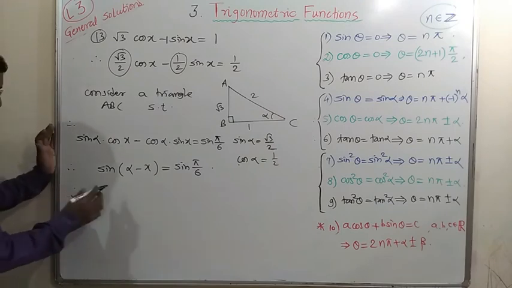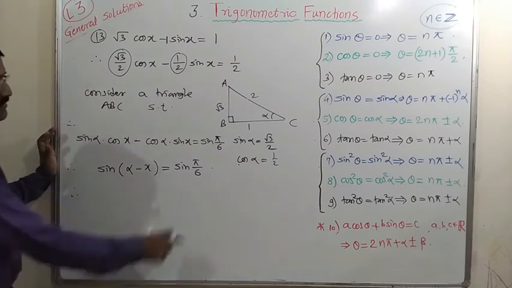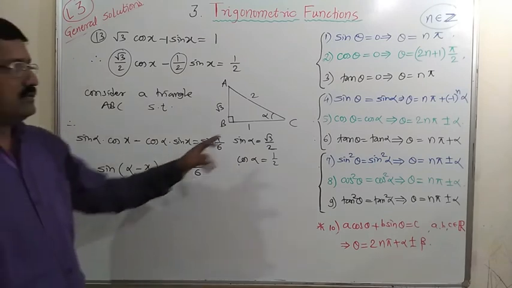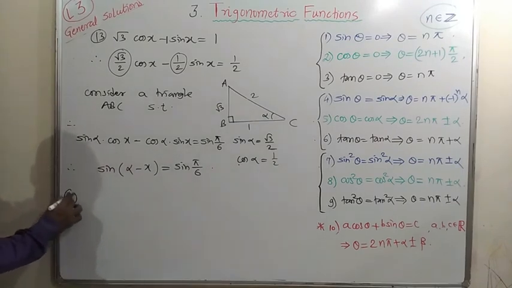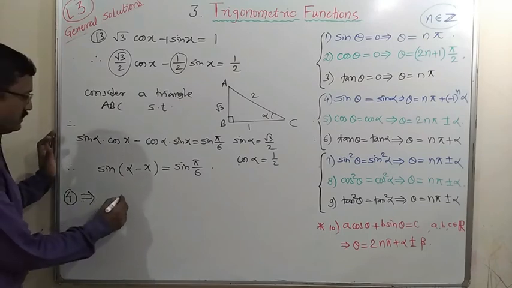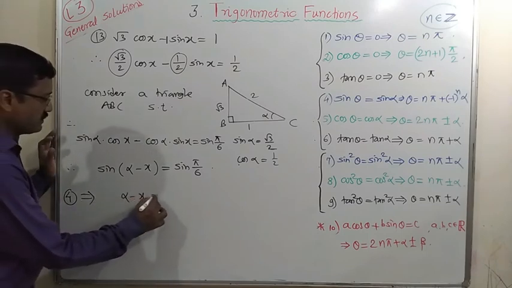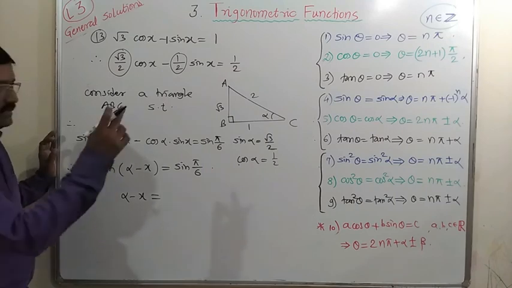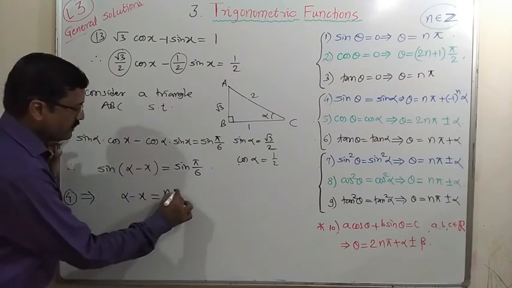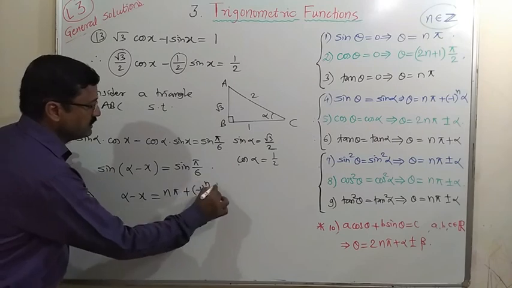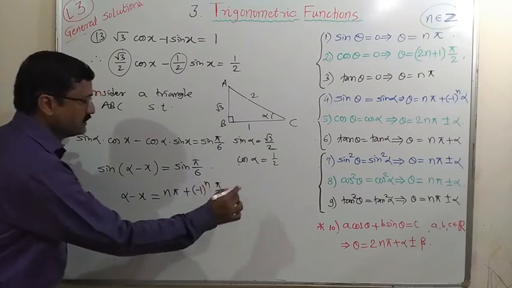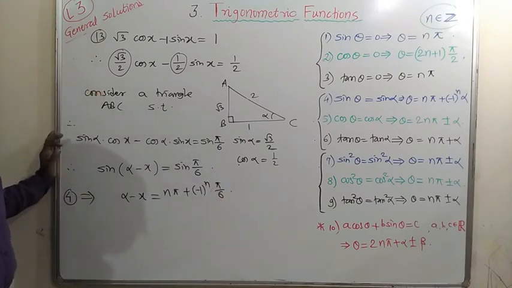Therefore now sin theta is equal to sin alpha, so formula number 4 we can use. So result 4 implies theta, meaning alpha minus x, is equal to n pi plus minus 1 raised to n into alpha. Alpha is pi by 6. Okay, that is our result.